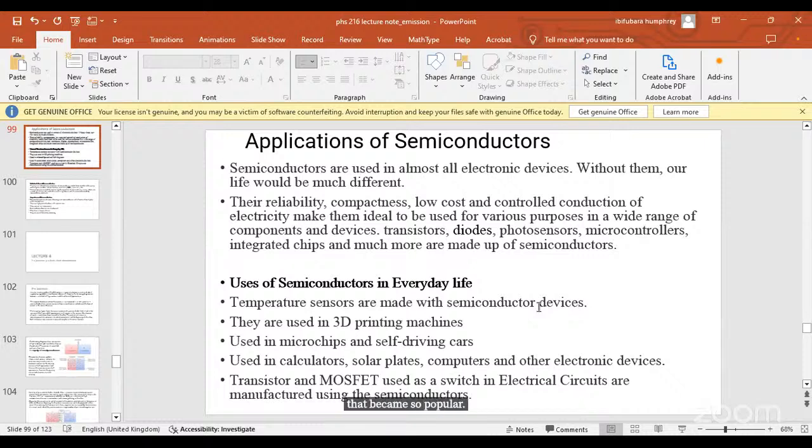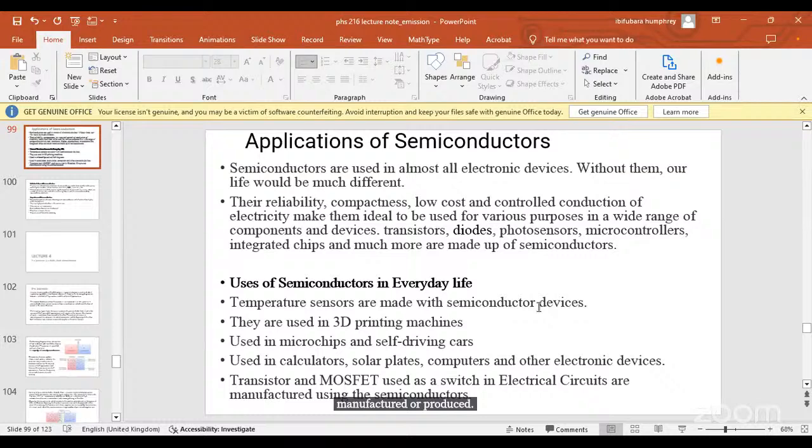Anywhere you go, before you enter any meeting or public gathering, you see someone checking the temperature of people using infrared. Of course, that is safer than a mercury-in-glass thermometer, where the person will be in physical contact with you. So it's with the help of semiconductors that the device was manufactured.